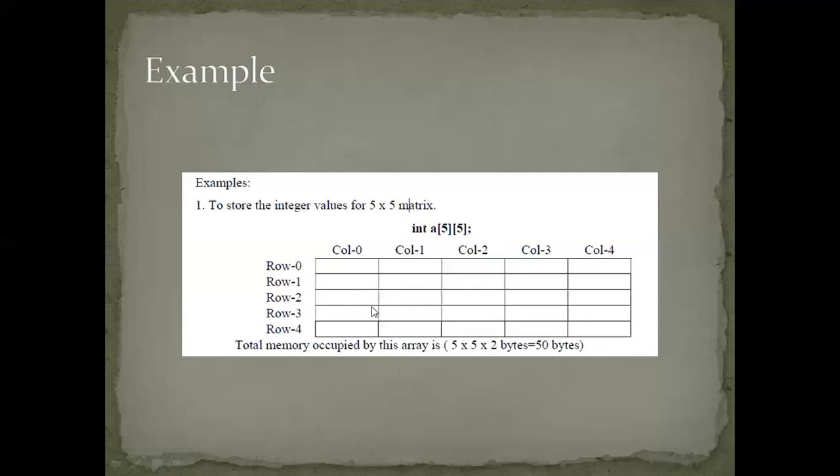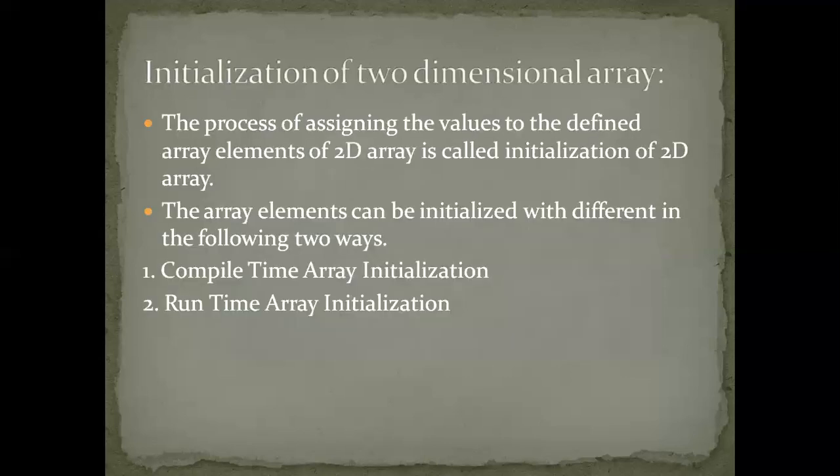The total memory occupied by this array is 5, the row size, into 5, the column size, into 2 bytes, which is the size of the integer. Together, how many bytes? 50 bytes. So when you declare int a[5][5], we allot 50 bytes for this. This is the memory allocation in the computer memory. Understood this example? Okay, fine. Move on to the next.